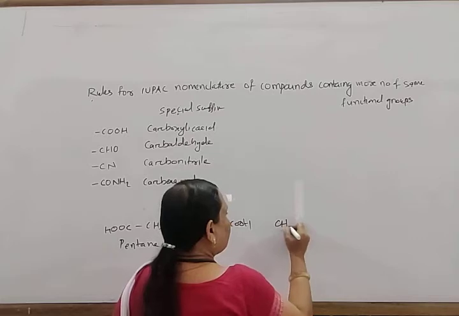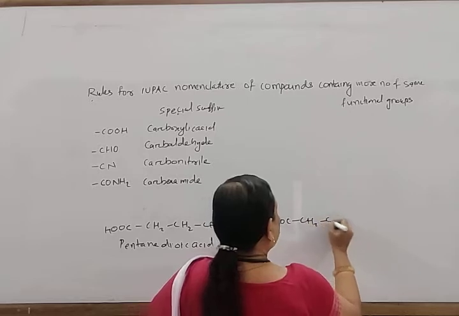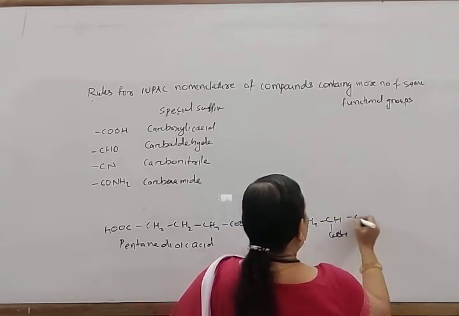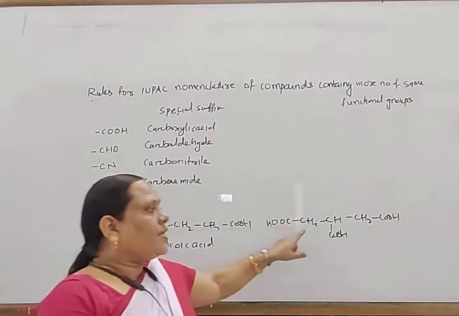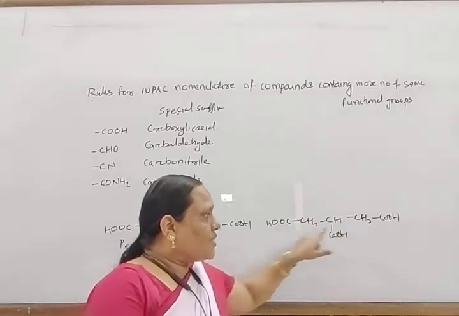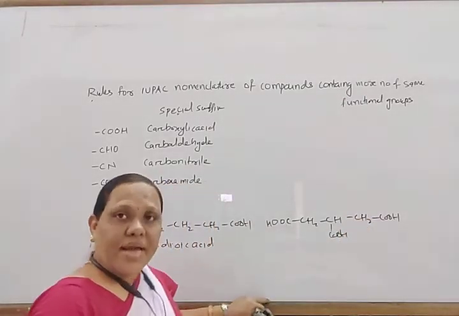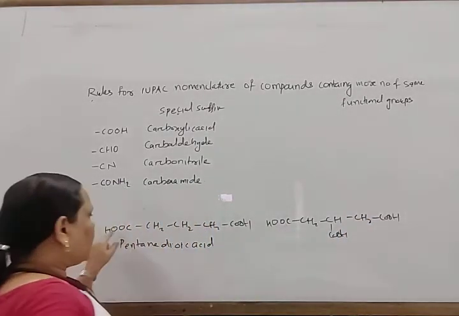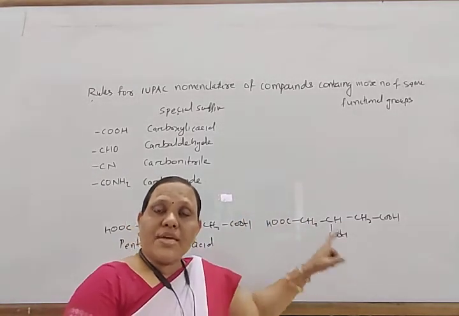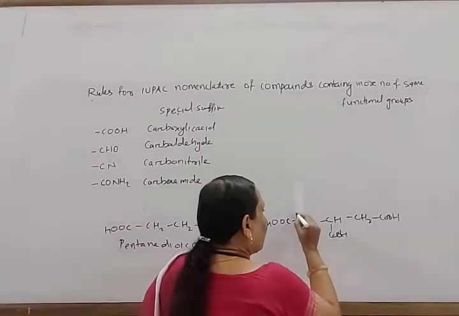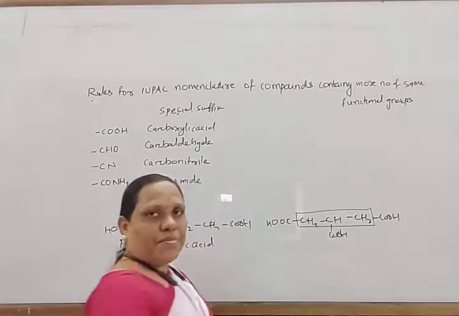But if this is written like this, COOH, CH2, CH, COOH, CH2, COOH, in this way, the COOH group is attached to the parent chain. So in this case, neither of the functional groups is counted in the parent chain. If only two, then they are counted in the parent chain. If more than two terminal groups are there, then neither of them is counted in the parent chain. Only the alkane part is considered as the parent chain, and for this special naming is used.